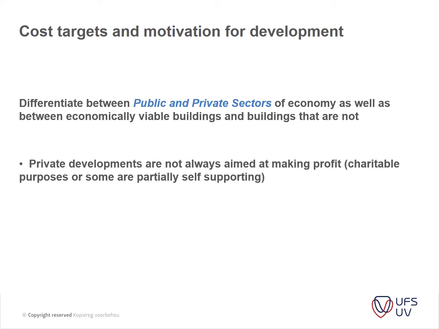Charitable purposes or partially self-supported motivations are also part of this. So private developments can be just to fulfill a need, like for instance building a church. It's not necessarily to build the church for a profit, but there's a certain need that is being fulfilled within that community.